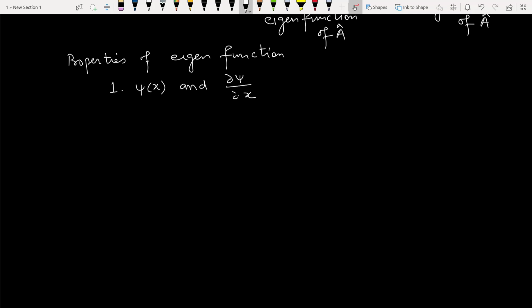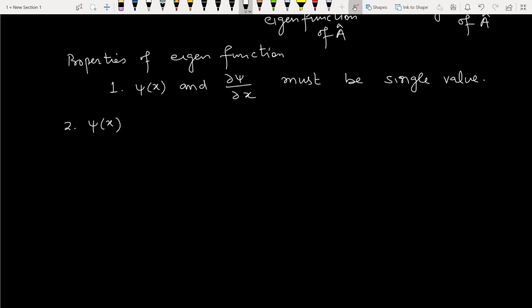Its first derivative must be single valued. The wave function and its first derivative must be single valued.